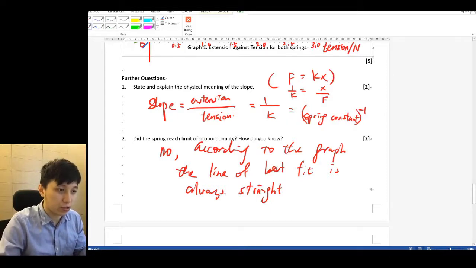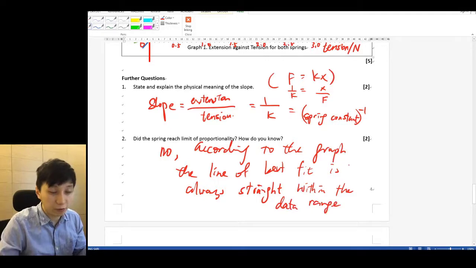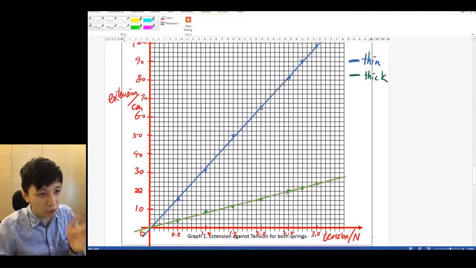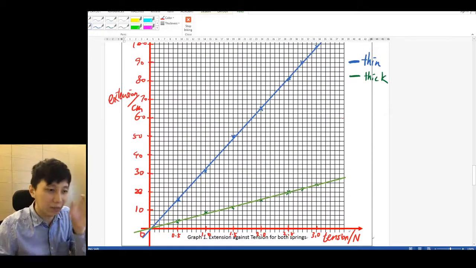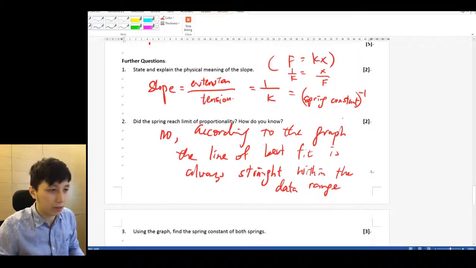So you should use the words straight line. It's always straight within the data range. So we can't say about the future, like when it is over 3 Newton, but at least within our data, it is a straight line.